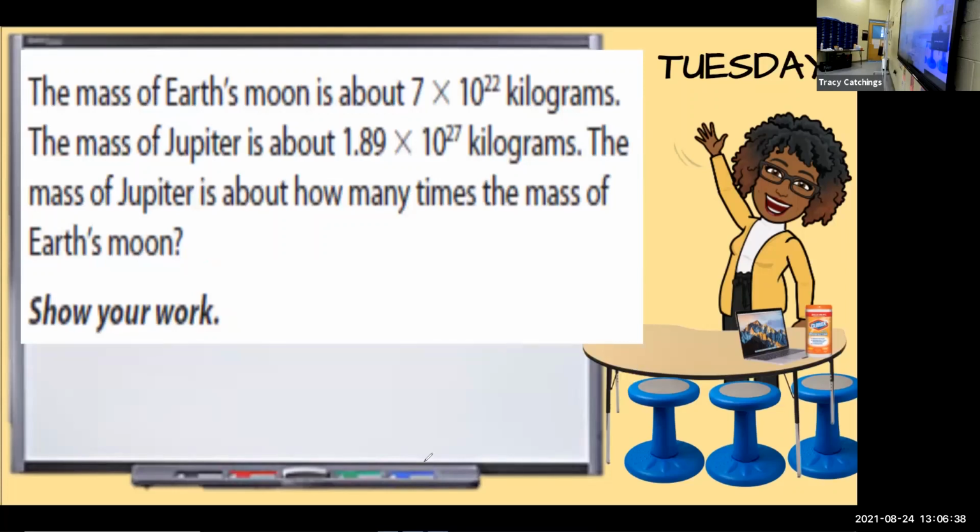All right, I'm going to give you about 30 seconds to a minute to have a look at this question. Read it to yourself and see if you're able to set it up or figure out what's going on.